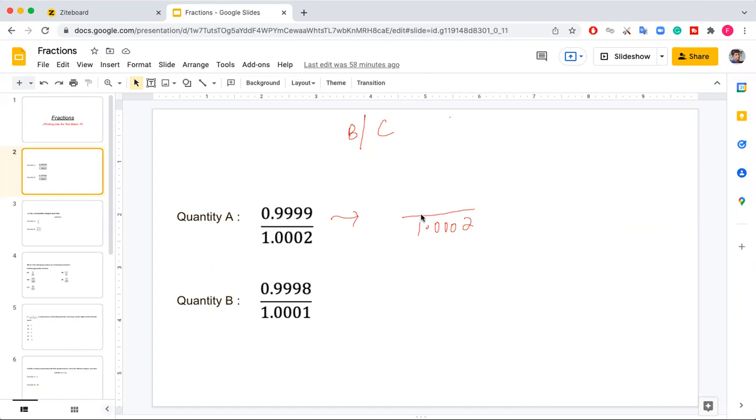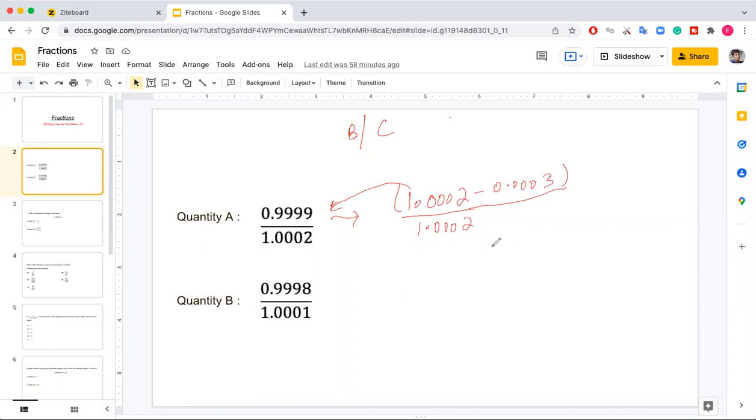Okay, so can we write the upper side as 1.0002 minus 0.0003? Isn't this the same as the numerator? I think so. Both are same.